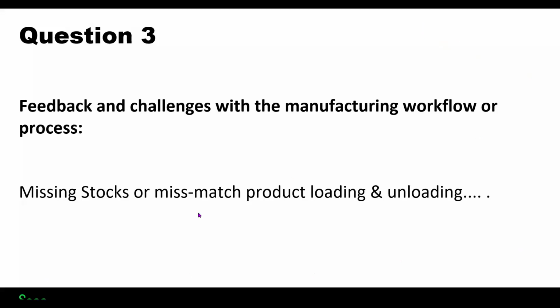When you are doing everything manually without the benefit of scanning, the wrong item is updated. So item A, which might look similar to item B, might be incorrectly updated in terms of stock count.